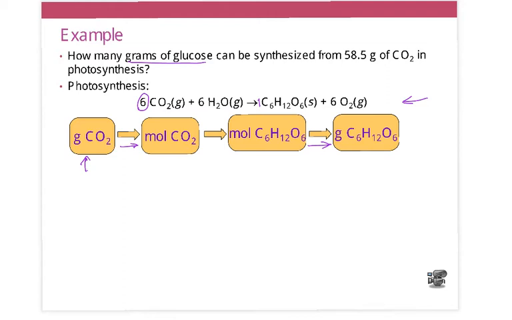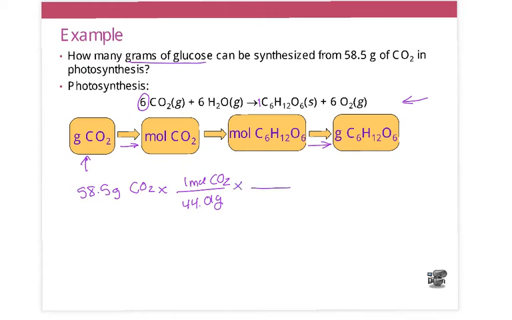So our given is 58.5 grams of carbon dioxide, and we know that for every 1 mole of carbon dioxide, there's 44.01 grams. You can look that up on the periodic table and figure out the formula mass for carbon dioxide as we've learned previously.